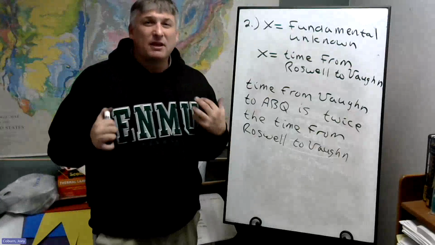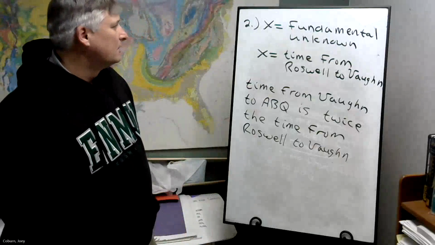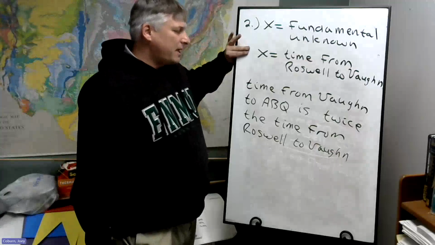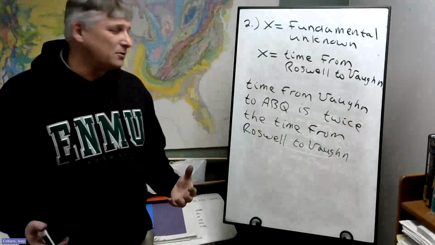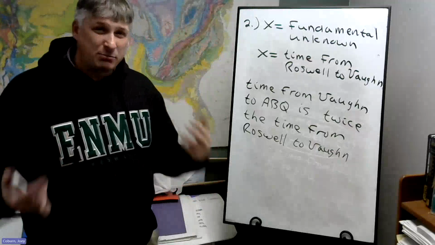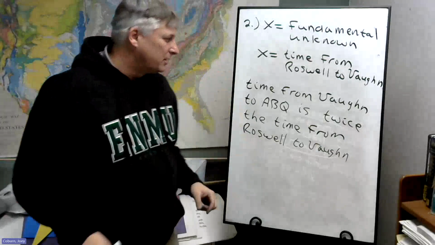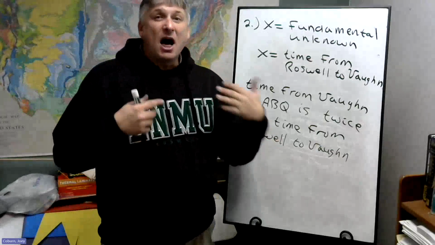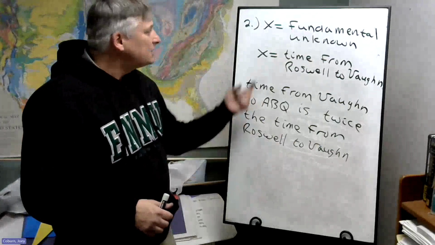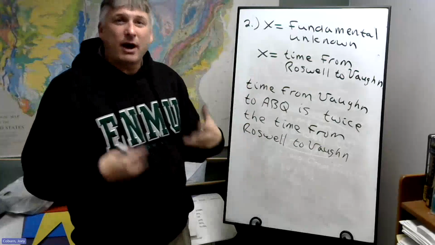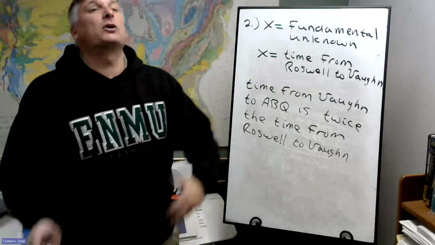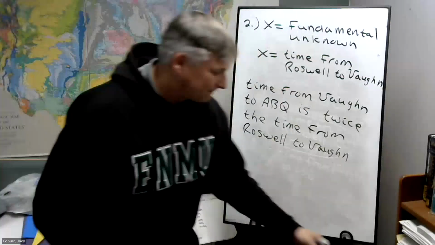Step 2 is about the unknowns. We call the fundamental unknown x, and then what we're going to do is write an expression or a little mini equation that describes the other unknowns in terms of x, describes the other unknowns in terms of the fundamental unknown.